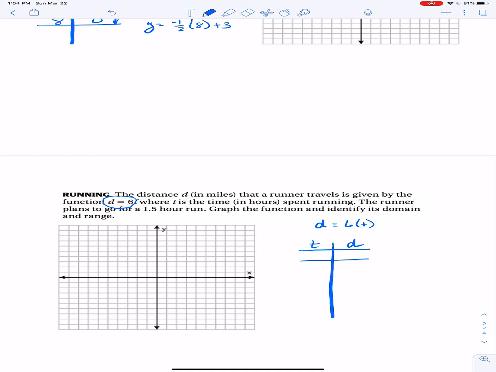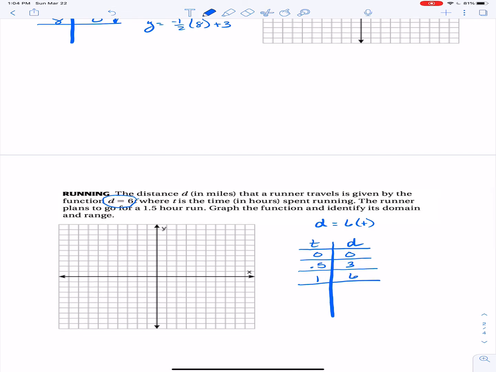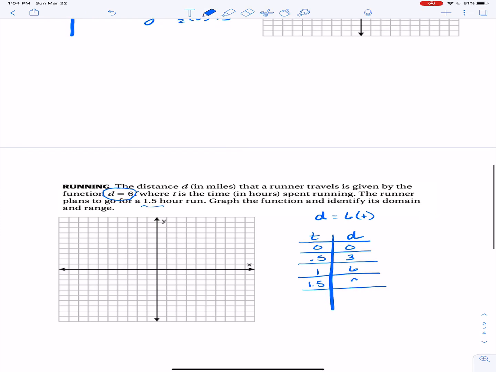So I chose, well, at 0, he's traveled 0 miles, right? Then I chose at half an hour, okay? Well, 1/2 of 6 gives me 3. Then I chose at 1 hour, okay? And 1 times 6 gives me 6 miles. And then my next value, I chose 1.5 because that's where they want me to go. And so 1.5 times 6 gives me 9 miles.